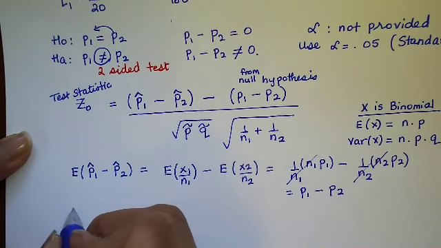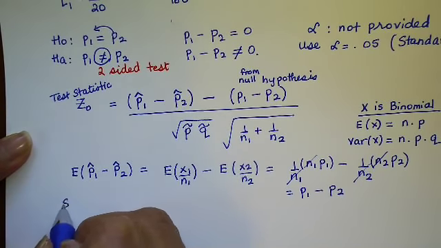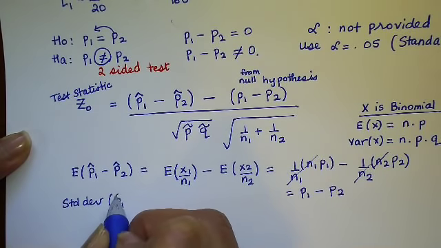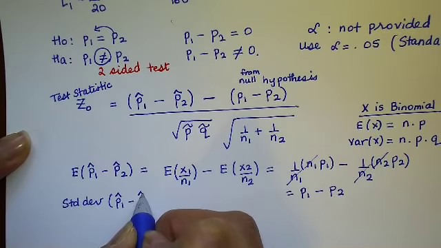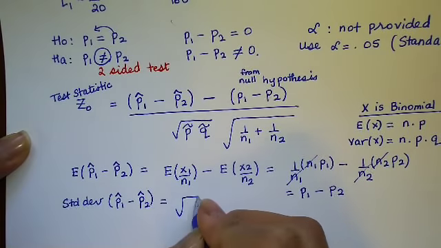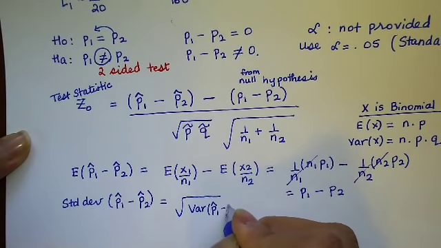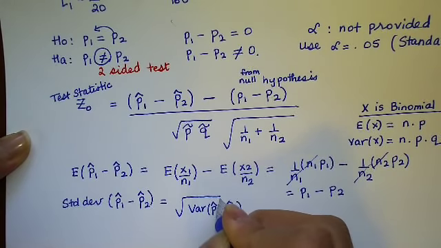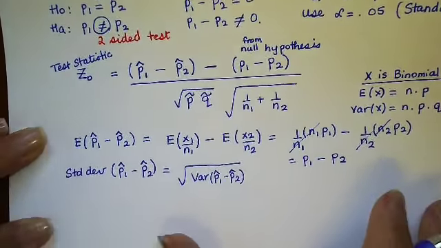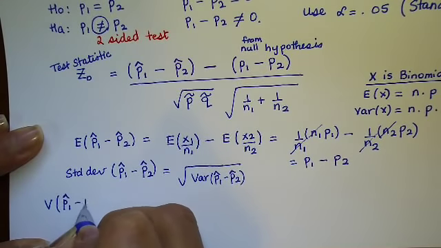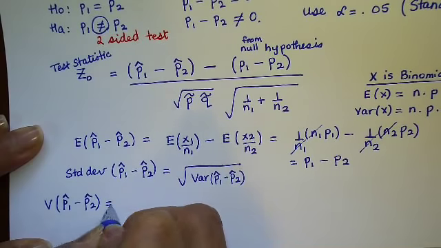Next, I'm interested in the standard deviation of p1 hat minus p2 hat. So standard deviation of p1 hat minus p2 hat, of course, is the square root of the variance of p1 hat minus p2 hat. So next, let me work on that one.